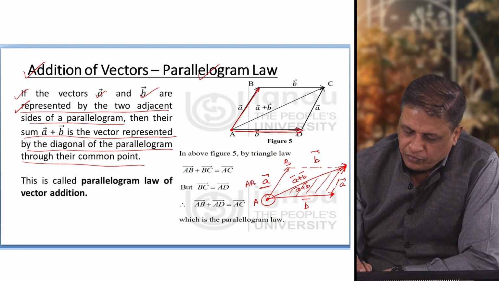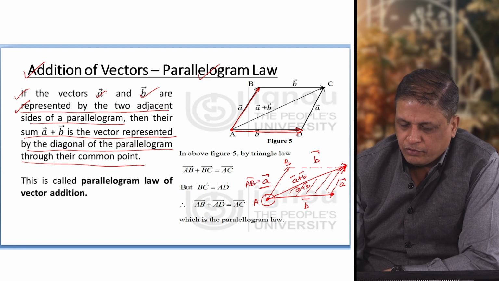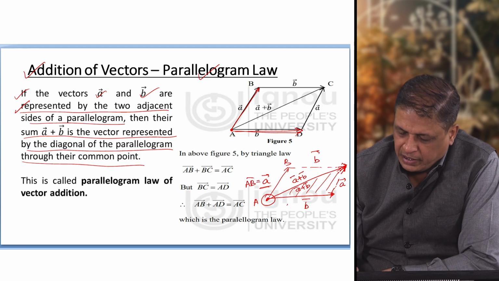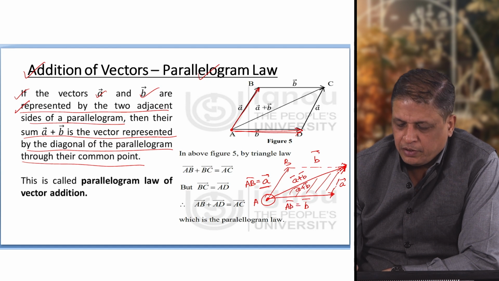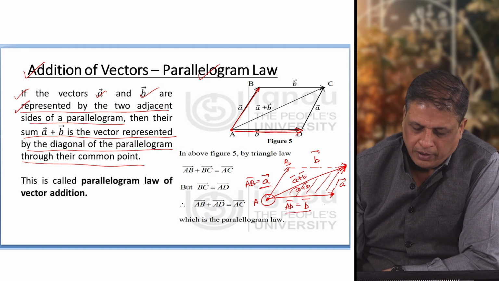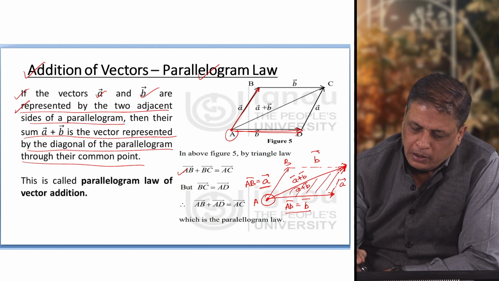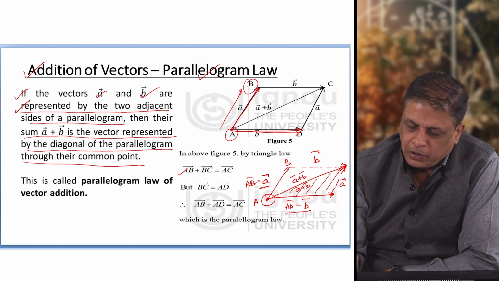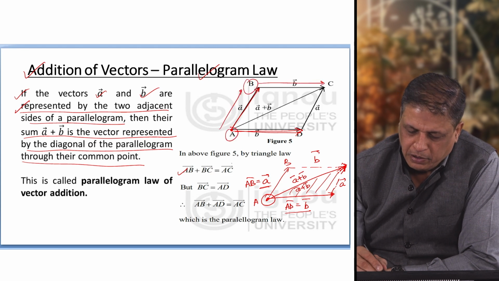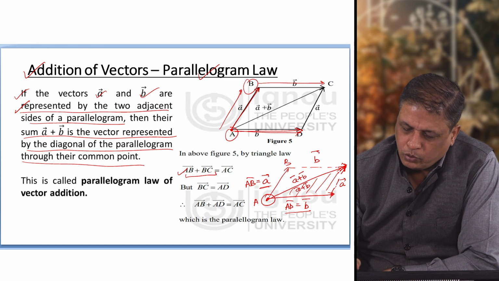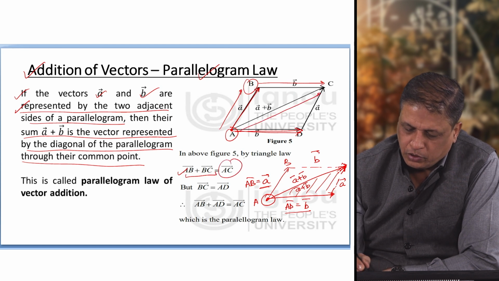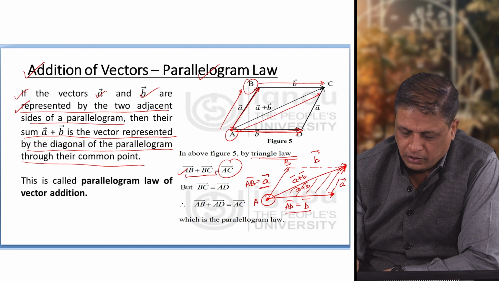Vector AB represents one side of the parallelogram and vector AD represents the adjacent side. So, AB plus BC is nothing but equal to AC, the diagonal, by applying the triangle law.